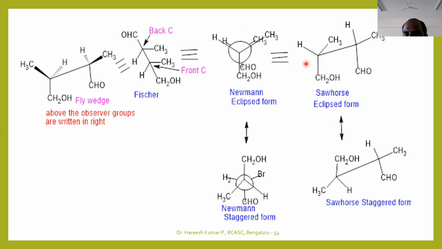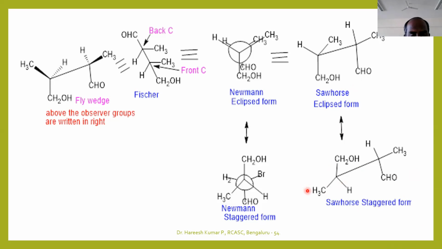Similarly, in this back carbon atom, CH2 is rotated clockwise and it will go up. CH3 is coming over here, H will come over here. So that is the staggered form you will get. This is how you can convert a fly-wedged configuration or structural formula into a Fischer projection, Newman projection, and then Sawhorse perspective formulas.